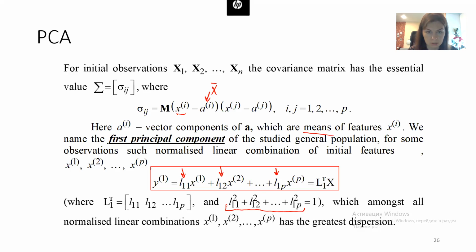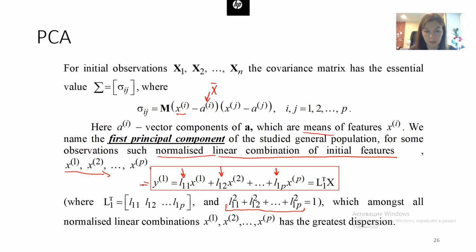So we name the first principal component of the study general population for some observations such as normalized. It means that the length of this vector is equal to one, a linear combination of initial features x1, x2, and so on.